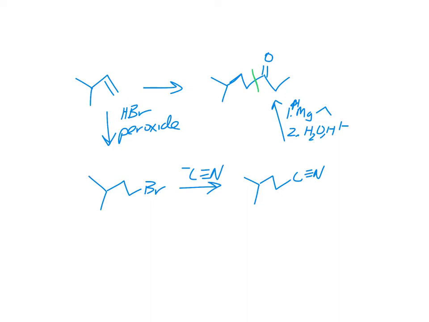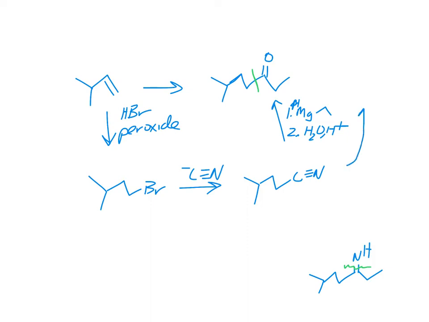So it goes through an intermediate that looks like this. It's an imine. And then under acid and water, this gets hydrolyzed to the ketone. That was the very last reaction that we learned for nitriles.